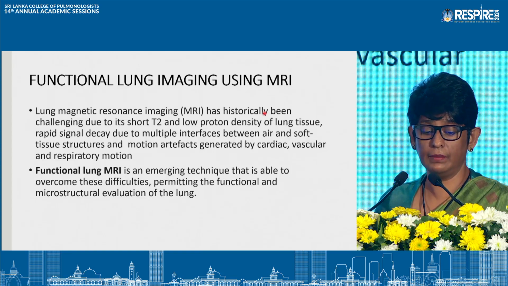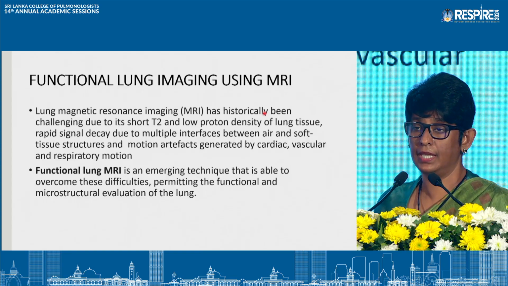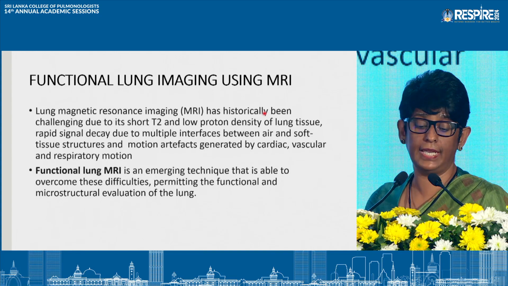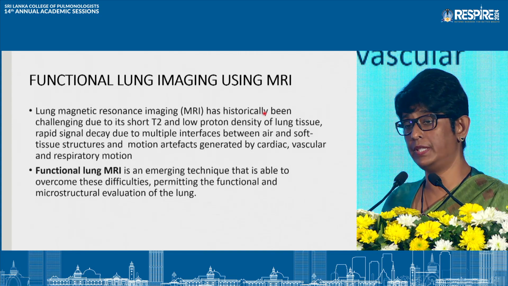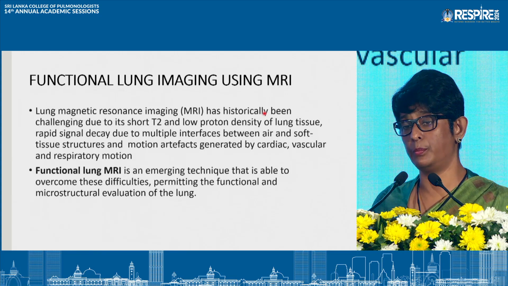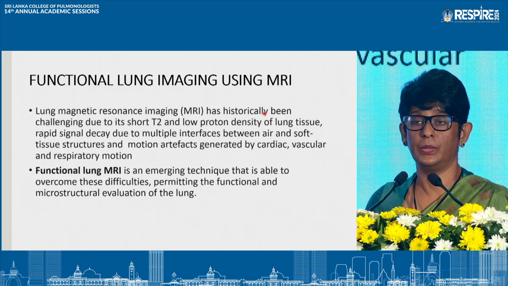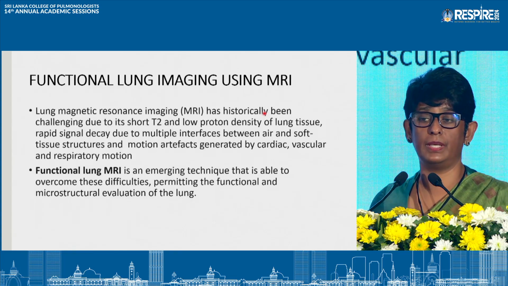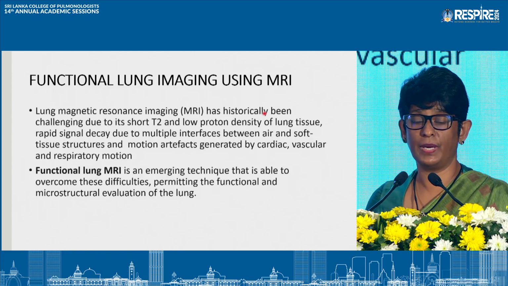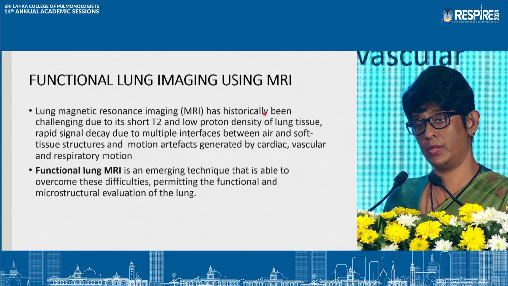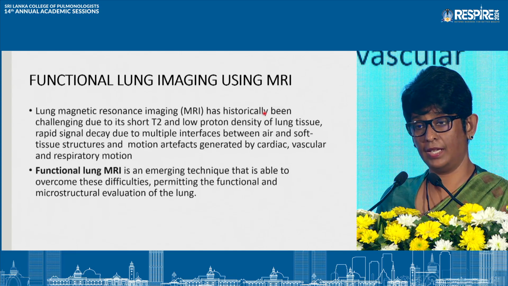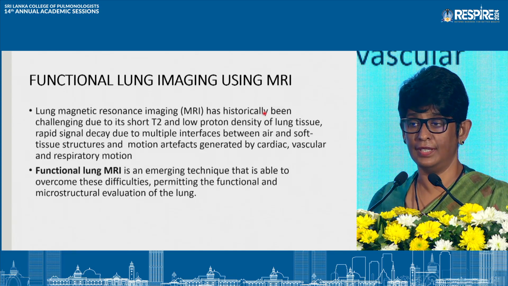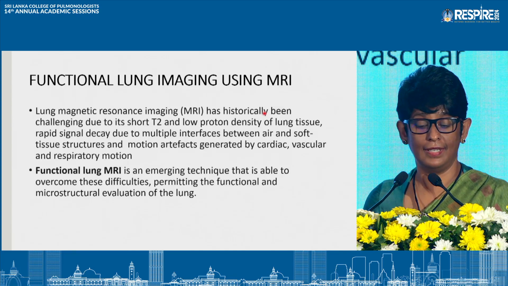Functional lung MRI is an emergent technique that is able to overcome a lot of the drawbacks that were associated with MRI lung imaging. You know, imaging of the lung with MRI is literally impossible because there are not many protons in the lung, because the lung is an aerated organ, not a solid organ.